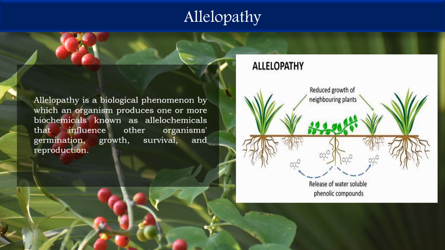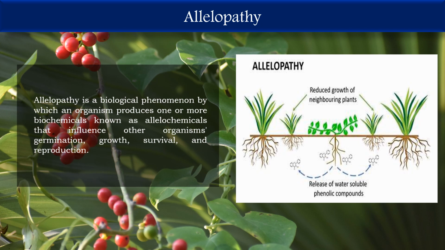As you can see, it spreads to the nearby plants, and this is how this particular species survives. By releasing these specific allelochemicals, it results in the reduction of the growth of the neighboring plants. So this is the term allelopathy.